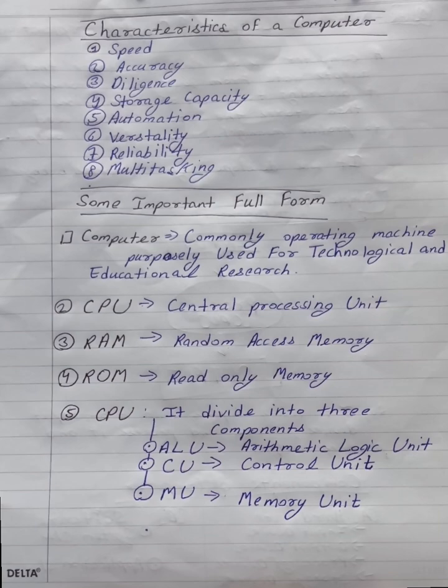If we talk about memory unit, it stores data, instructions, and intermediate results that are required during processing, and it provides temporary storage so that the CPU can access information quickly. Memory unit works closely with the ALU and CU during program execution.